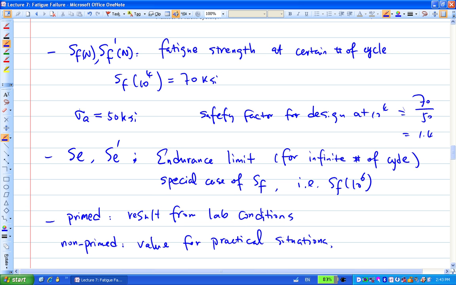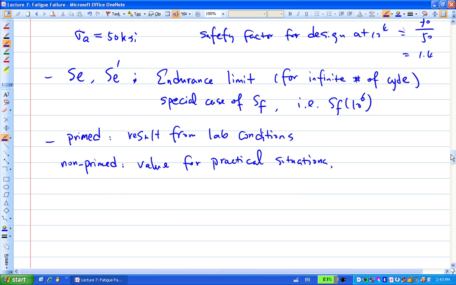That's the question here. Actually, that's the value you should be interested in, because that's actually what's going to happen in the environment. So your non-primed value should be obtained from the prime one, as we're going to show, by applying certain correction factors.